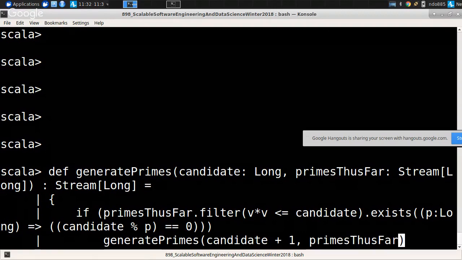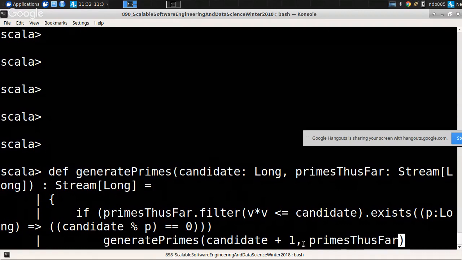So if candidate is not a prime, then the stream that we have to return is just the stream of all primes that results from this next call where we're considering candidate plus 1.